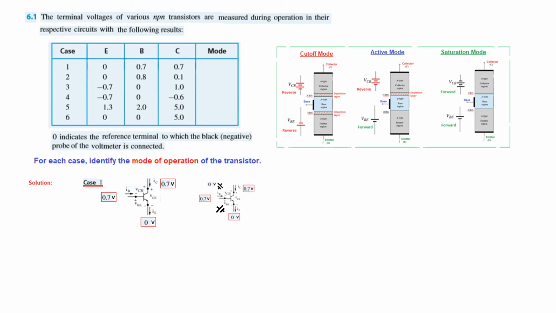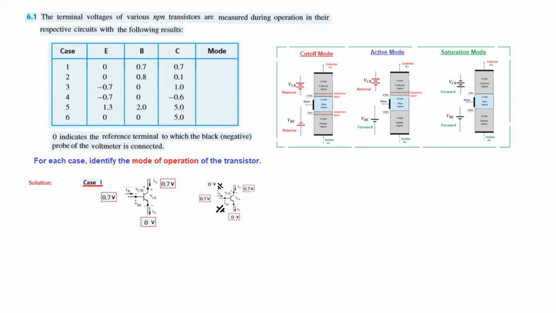Okay, so let's go one step further. Now since this is 0.7 and this is 0, we can place a battery here with the positive terminal at the top and negative at the bottom. Similarly, this is 0.7 and this is also 0.7, so we can say that we have a 0 volt battery in between the two.